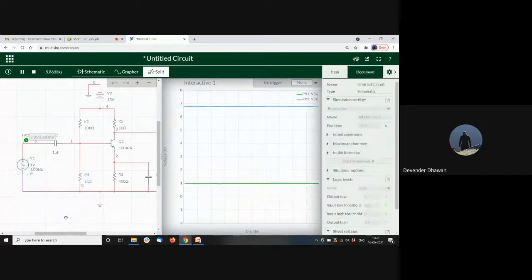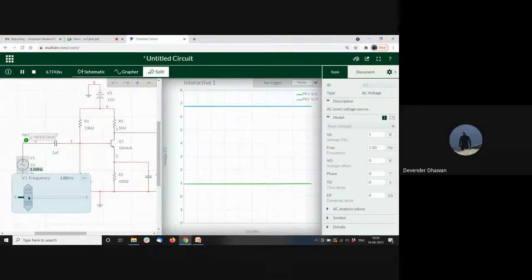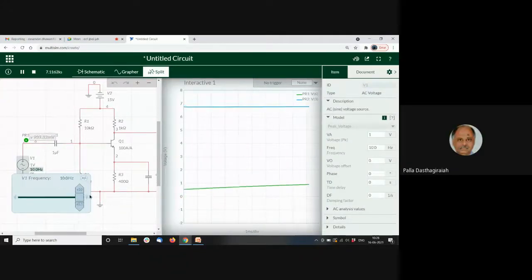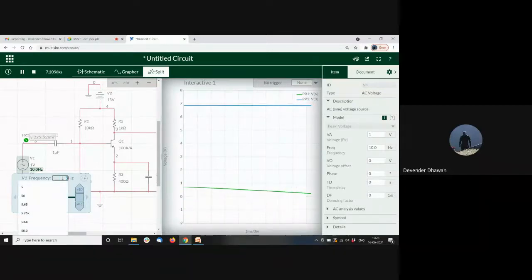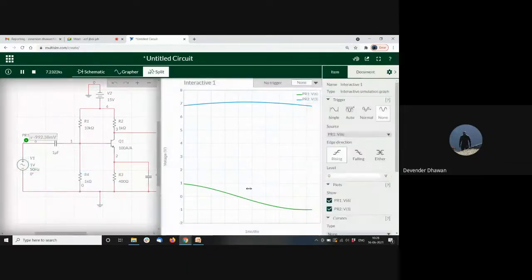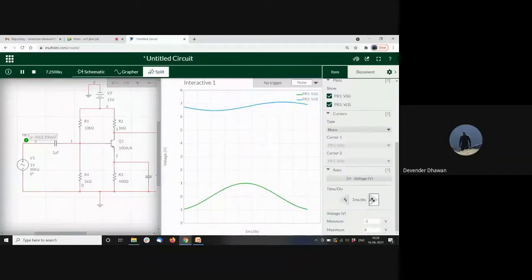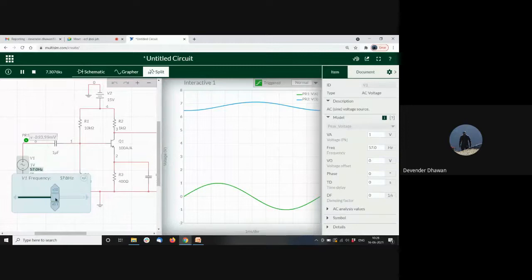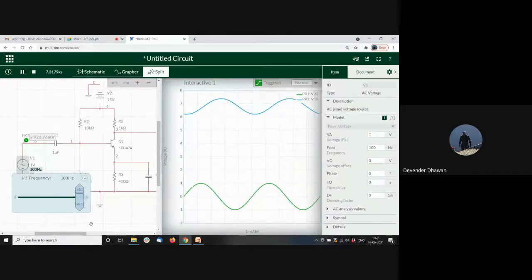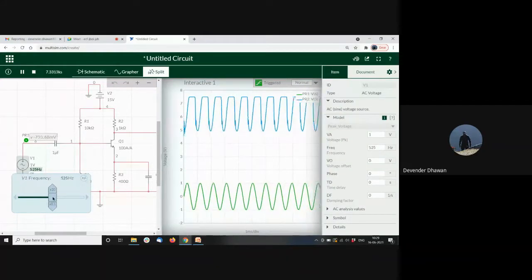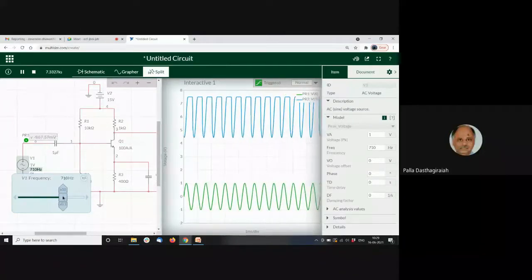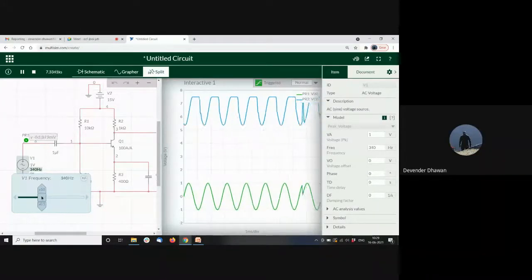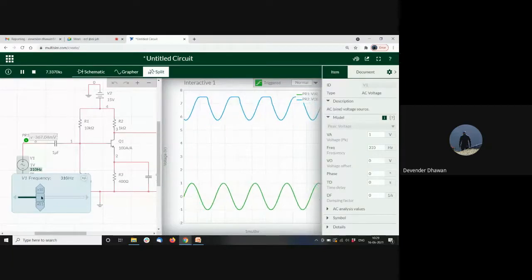let me quickly make it 1. Frequency was 199. So let's make it 50 initially. Okay, if I start increasing this, you see at 100 it is a bit smaller, and then if I further increase it, once it is beyond 199, the value started increasing.